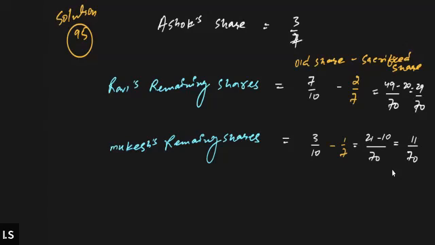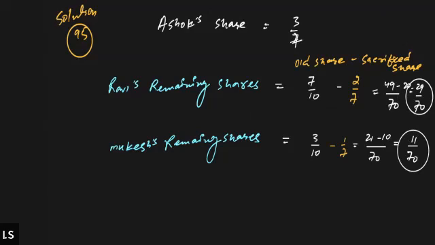Guys, please confirm, Zainab and Shifa, the calculation is clear? Subtracting 2/7 out of 7/10 you will get 29/70, and 1/7 out of 3/10 gives 11/70. So the remaining share is the new share for Ravi, 29/70, and the new share for Mukesh will be 11/70.